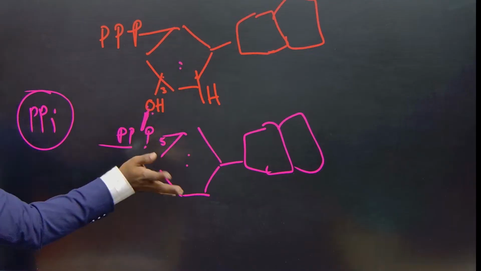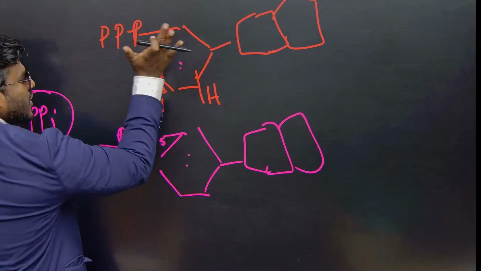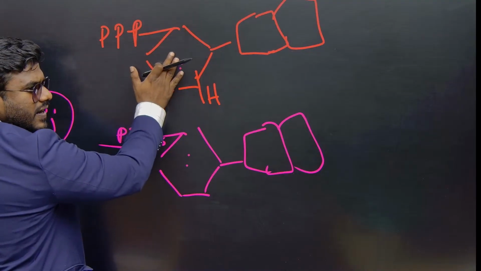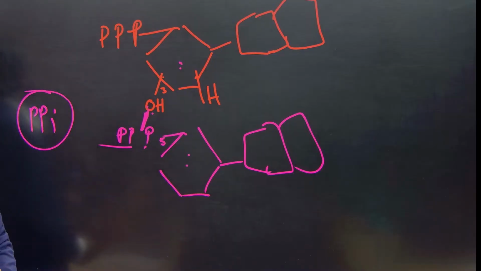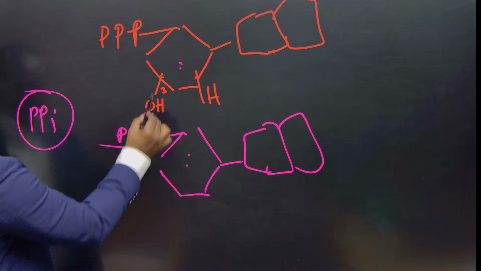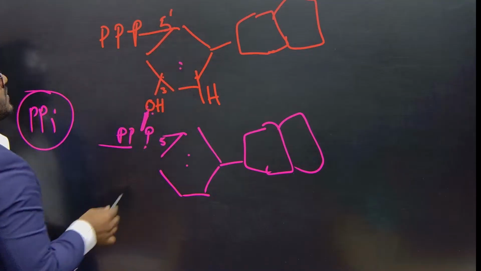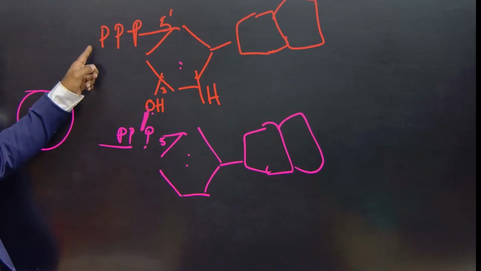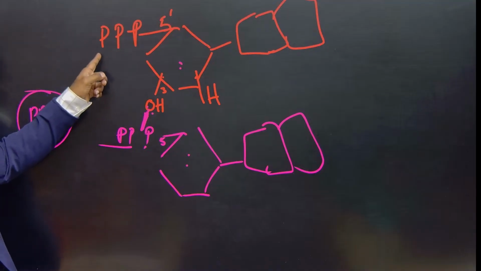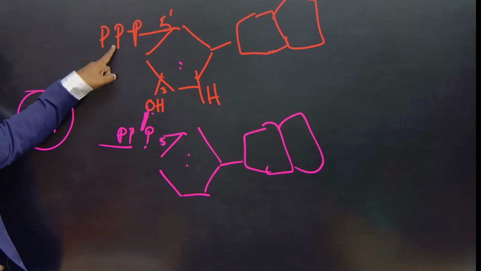Correct? Now friends, let's consider this is only the first nucleotide. Consider this is only the last nucleotide. Now all of you answer, in the first nucleotide, at the fifth carbon, which group is there? Phosphate group. Is this group involved in the phosphodiester bond? No, they are not involved.